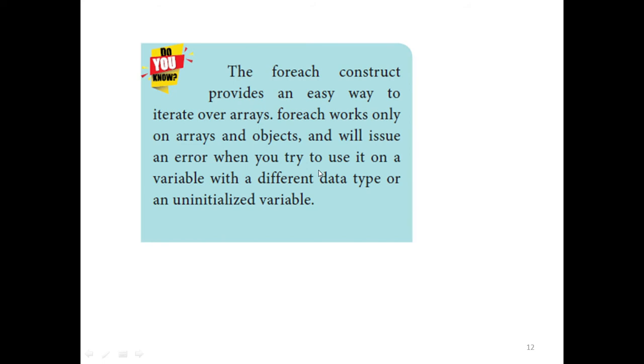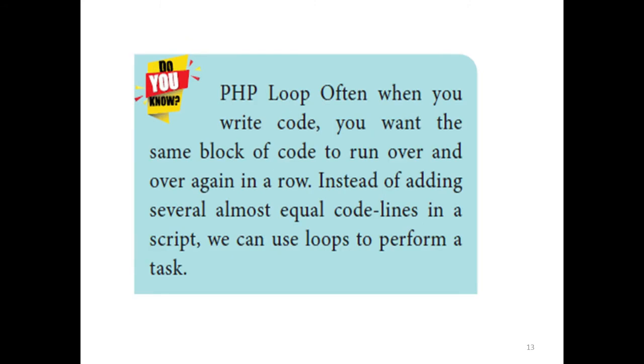For example, if you count 10 numbers, it can be implemented with foreach. Another piece of information on PHP loops: often when you write code, you want the same block of code to run over and over again in a row. Instead of adding several almost equal code lines in the script, we can use a loop to perform the task. It means repeated statements can be handled in the loop.